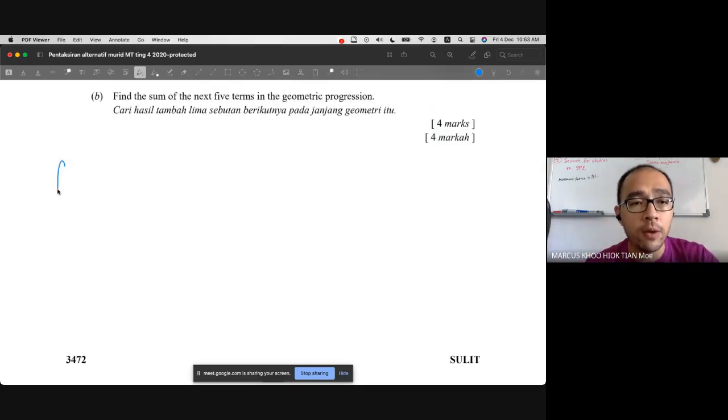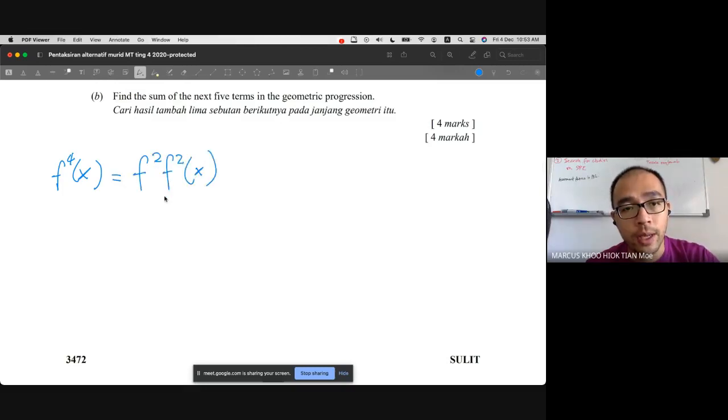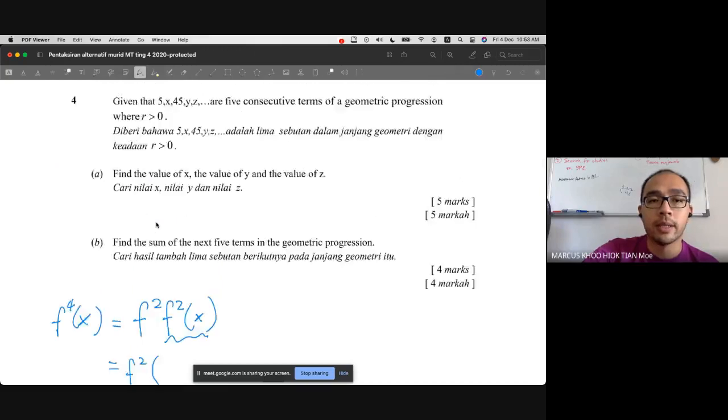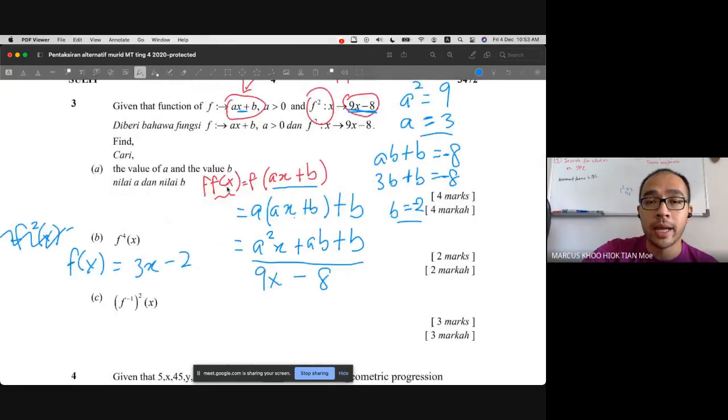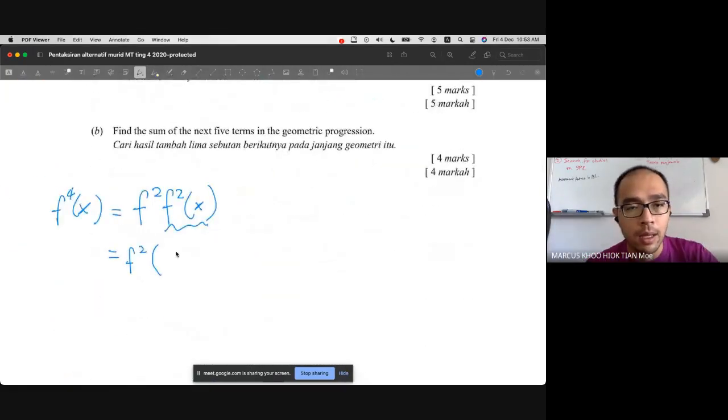Okay, so f(4x) is actually a combination of two f(2x)'s, f2 and f2. And we know that f(2x) from the beginning is 9x minus 8.